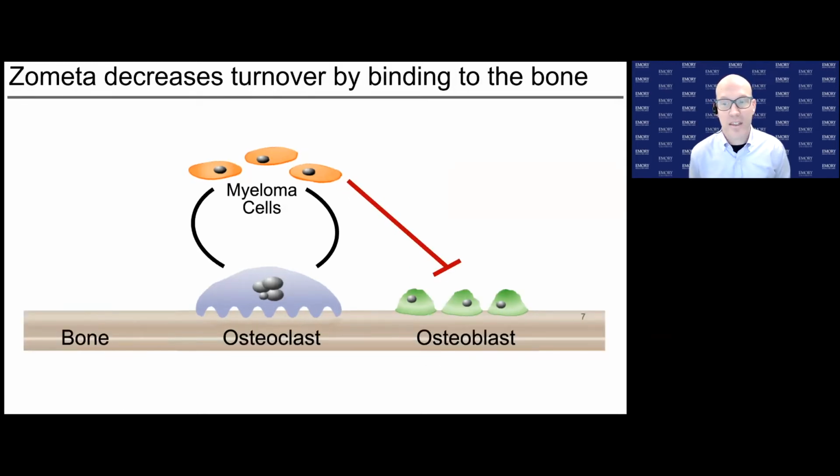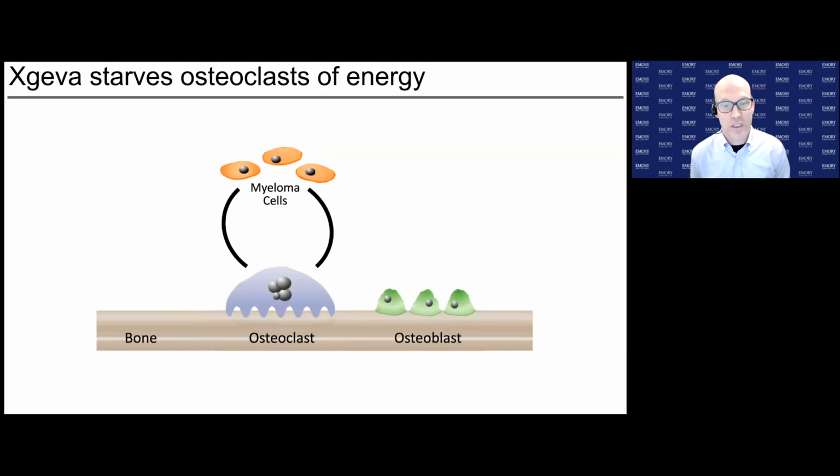And what Zometa does is essentially turn down the osteoclast and make it difficult for them to pick up old bone. And what Xgeva does is essentially starve the osteoclasts of energy or stimulation from these myeloma cells so they're not so revved up.